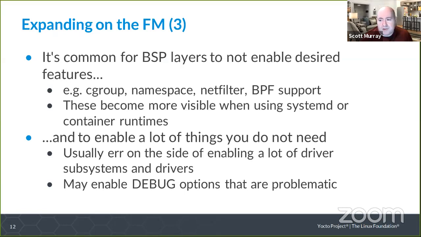Robert showed earlier in his talk where he was running this Docker config check, I think, which goes and looks at /proc/config.gz, I think, to work out what options are on. So it'll tell you whether it's missing stuff. But systemd will tell you at startup, actually. If you look in the journal, it actually will say if a feature is missing. And so there's definitely BSPs out there, commonly used ones, that you will need to add some config options to make systemd and some of the other things like Docker happy.